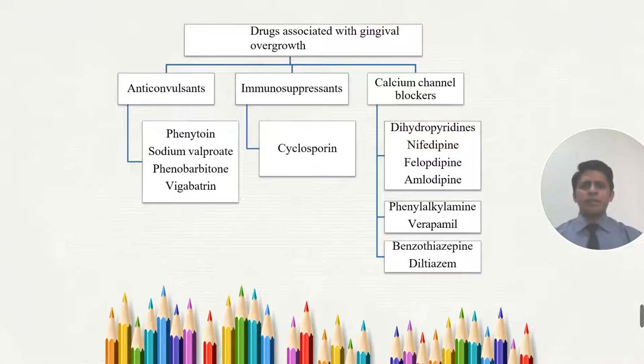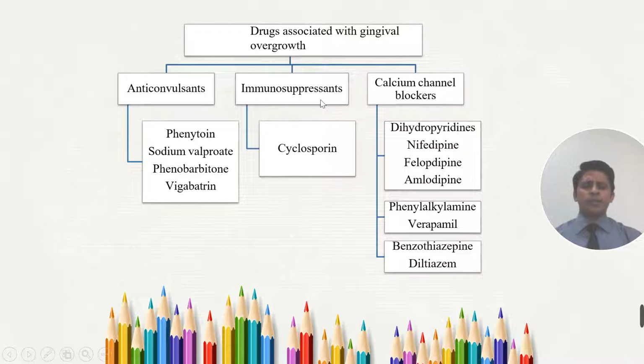There are certain drugs that, when administered for a long duration along with dental plaque, cause gingival overgrowth. The families of drugs are mainly anticonvulsants, immunosuppressants, and calcium channel blockers. The anticonvulsants are mainly given in epilepsy patients, and the drugs which cause gingival enlargement are phenytoin, sodium valproate, phenobarbital, and vigabatrin.